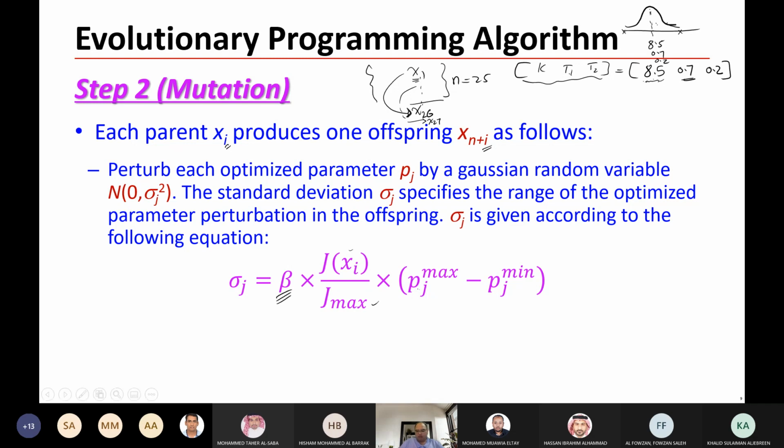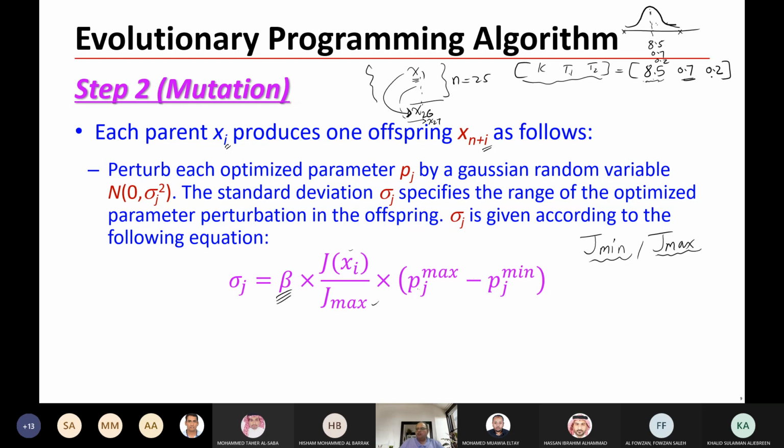Assume the beta is constant, 0.2, 0.3, whatever. What are the extreme cases? If this is the minimum, or if this is the maximum, if this is the best solution, or if this is the worst solution.